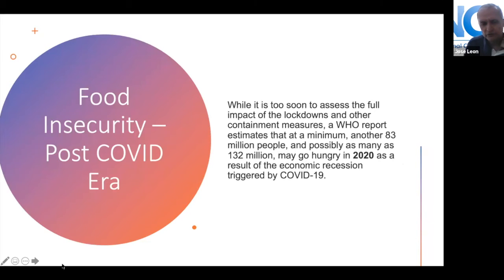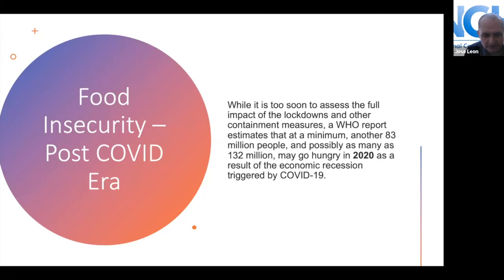The other issue affecting food insecurity is COVID. As we know, during the pandemic, patients have been struggling to either keep their jobs or to have stable income. This is information from WHO. The World Health Organization is saying that at this moment it's too soon to assess the full impact of the lockdowns and other containment measures.